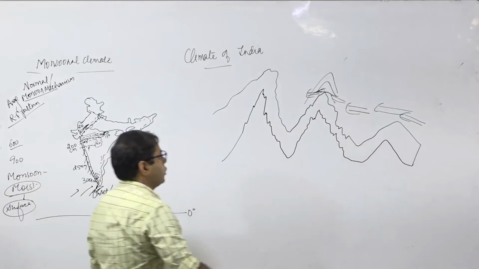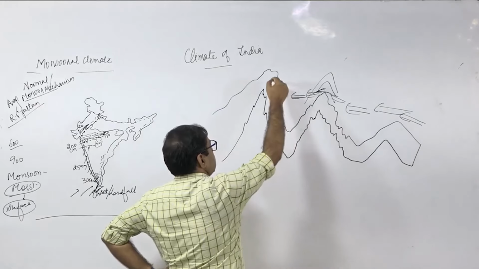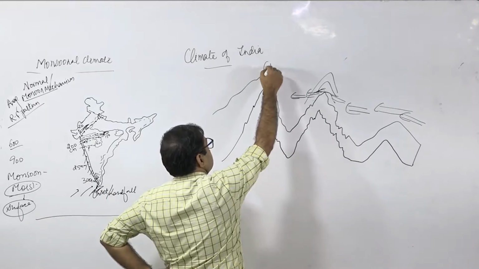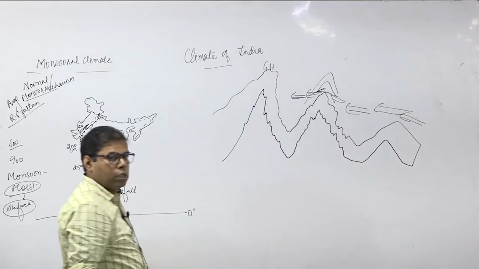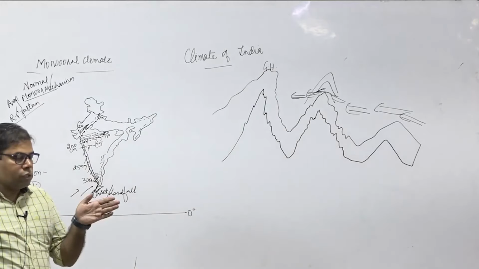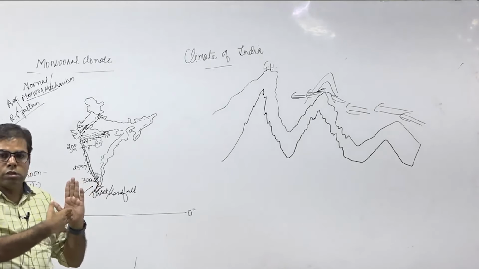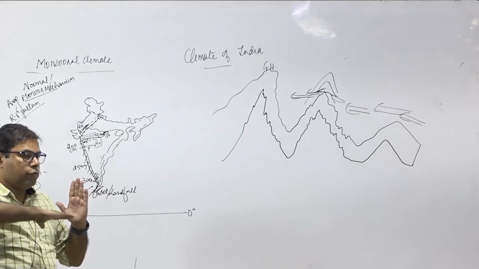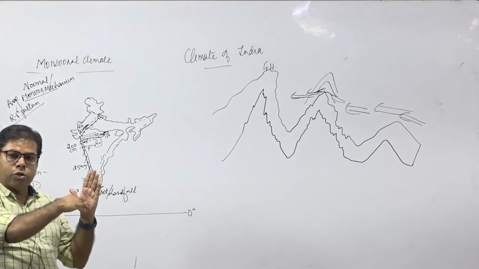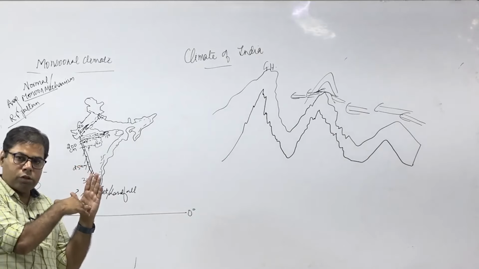Reaching over that height and moving further to the north, the wind is obstructed by the Great Himalayas, which are very, very high. What will it do? When these winds reach the Great Himalayas, which stand like a wall, they are obstructed. Then they do not have any other way to move further north.